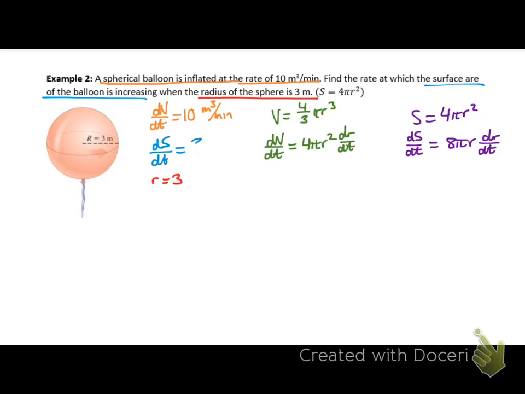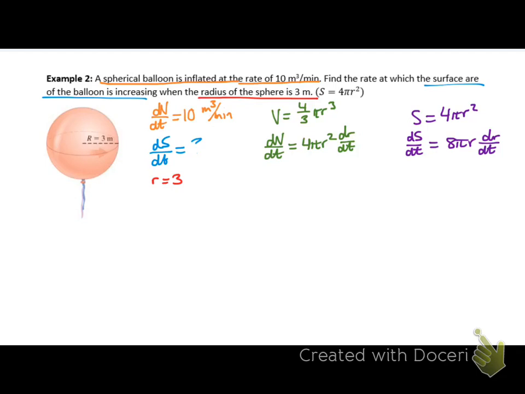Now, notice there's something in both of these equations that we don't have, and that is dr dt. The really cool thing is that we actually don't even need to know what that is. We need to solve for it in one equation so we can plug it into the other one. And it's going to be beneficial for us to solve for the one where we know everything. So if we look at the green equation, dV dt, we know that.